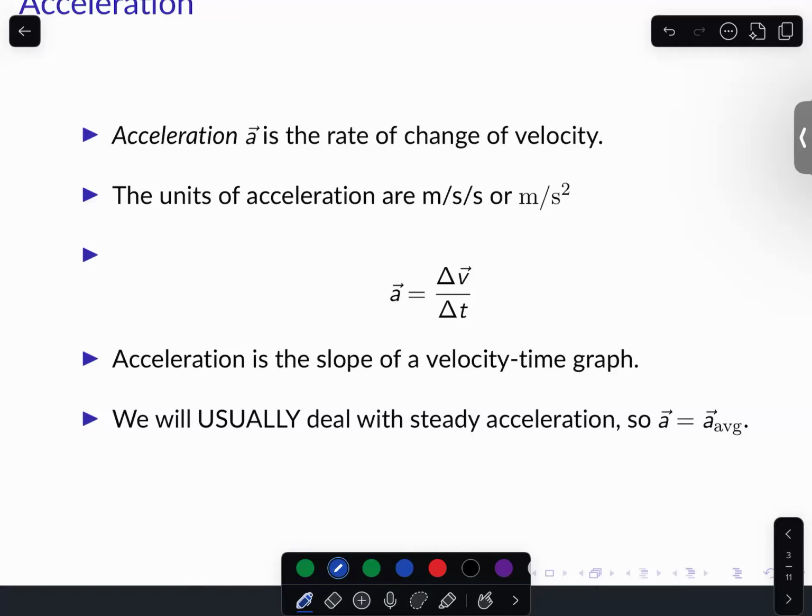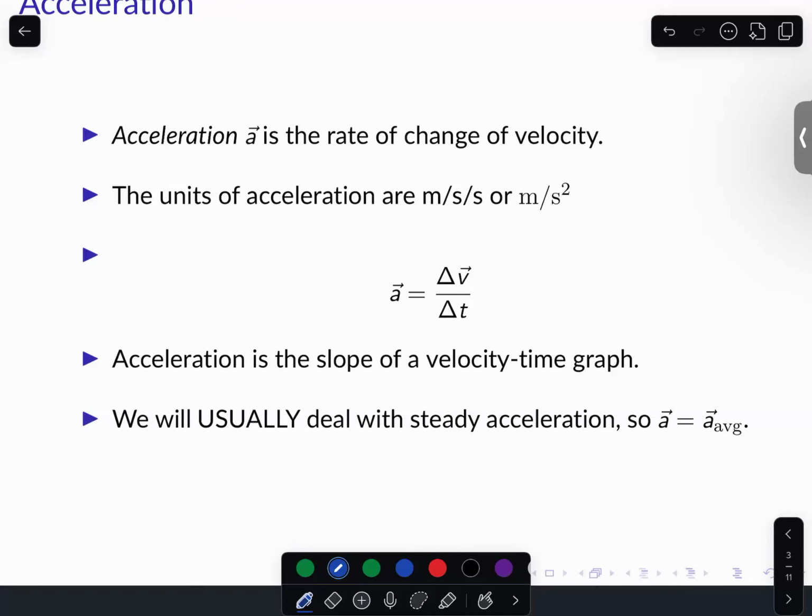Whenever I have a steadily changing velocity, a steady acceleration, which is most of the time in this course, you can take a final velocity minus an initial velocity, divide it by how long it took to change that velocity, and you'll get your acceleration value. It's the slope on a velocity-time graph, right? Velocity-time, this is y, this is x, this is rise, this is run, bang.